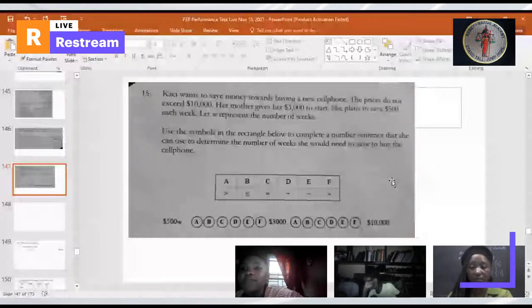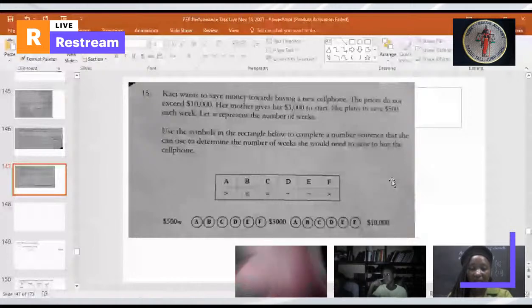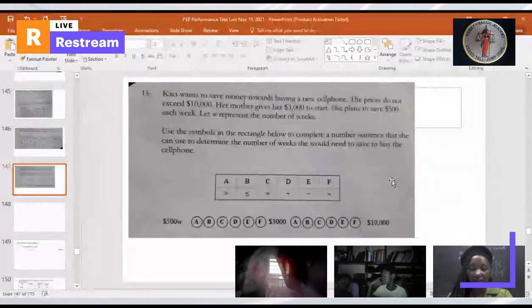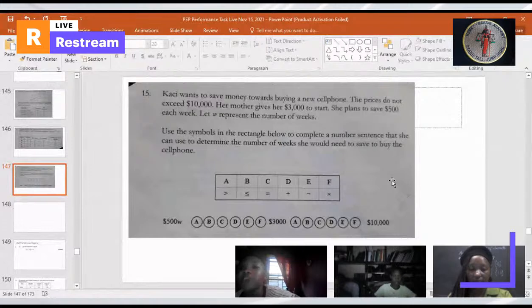She plans to save $500 each week. Let W represent the number of weeks. Use the symbols in the rectangle below to complete a number sentence that she can use to determine the number of weeks she would need to save to buy the cell phone.